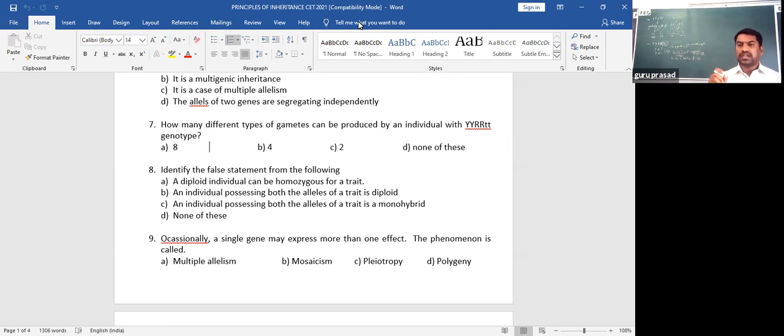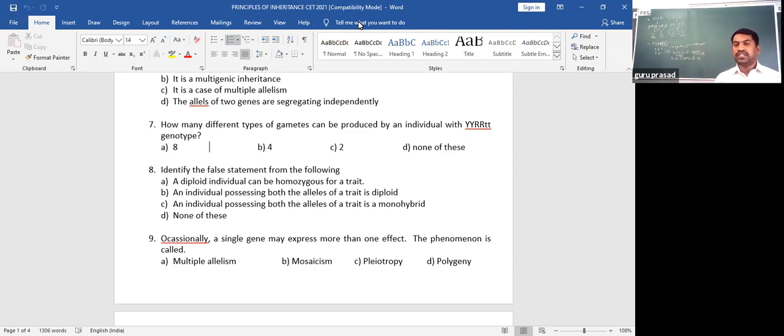How many heterozygotes are there? You have to look in the genotype. As you know, heterozygotes are two dissimilar sets of gene representation. So as I just gave, capital A, small a, capital B, small b, capital C, small c, all are heterozygotes only. Even you can calculate this with the second law of dihybrid cross.